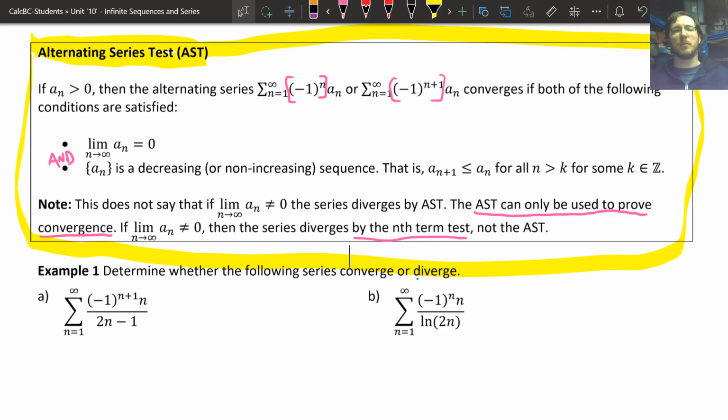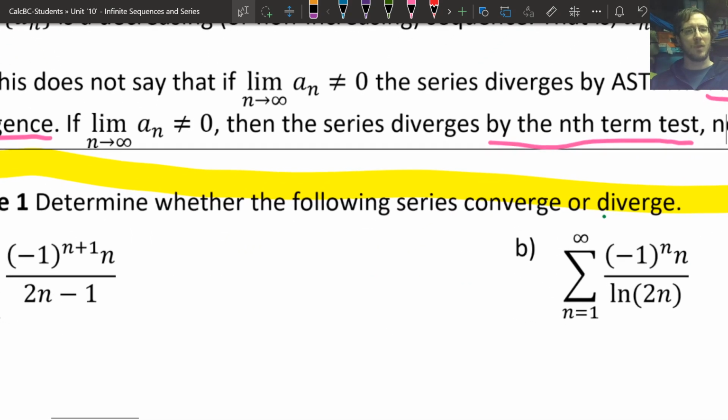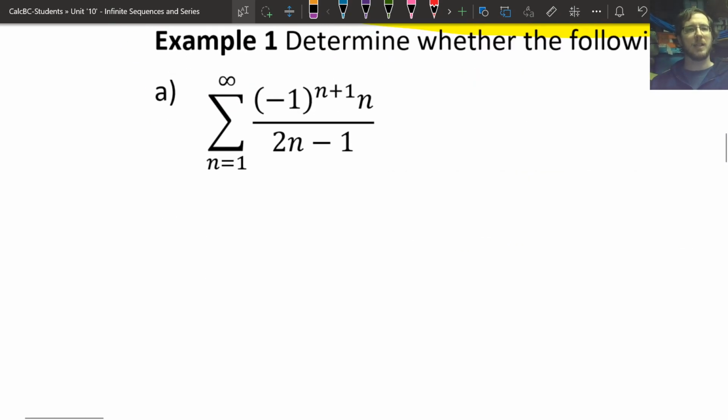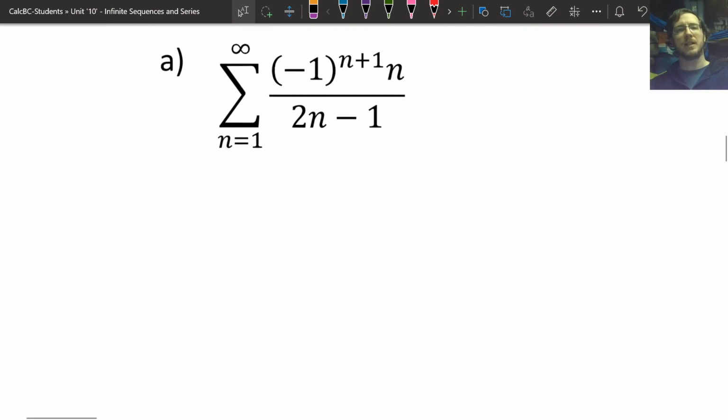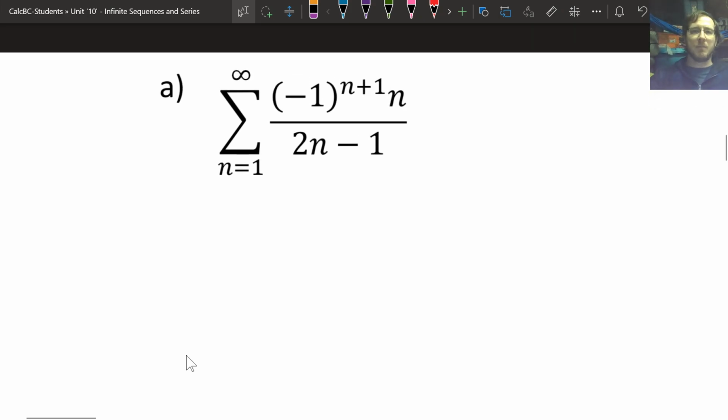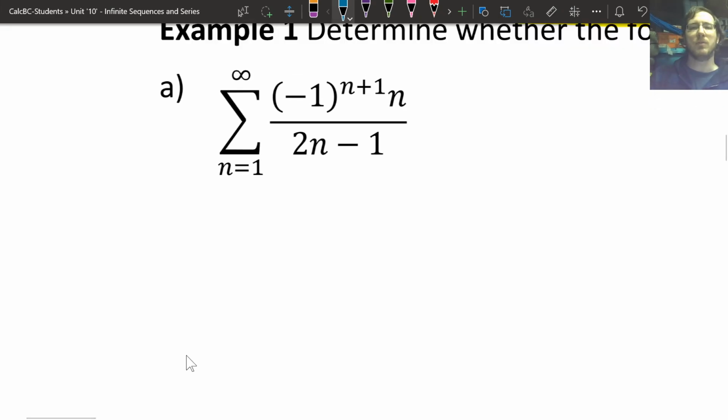All right, example 1, determine whether the following series converge or diverge. We'll do a couple of these together, and then I want you to work out some of these on your own. All right, part A. We've got the infinite series of negative 1 to the n plus 1 times n over 2n minus 1.